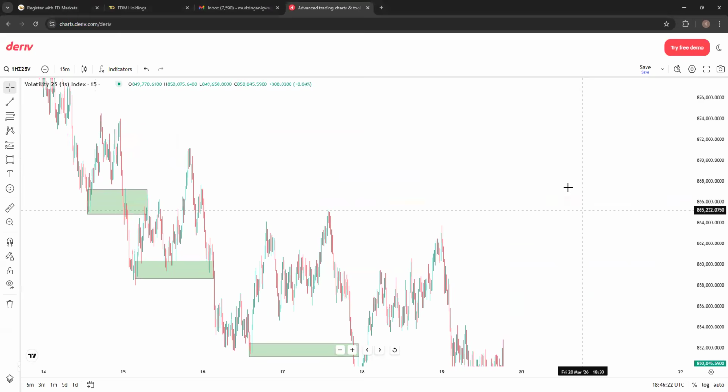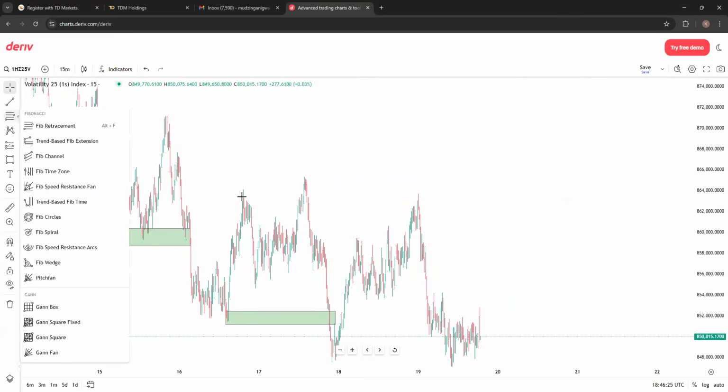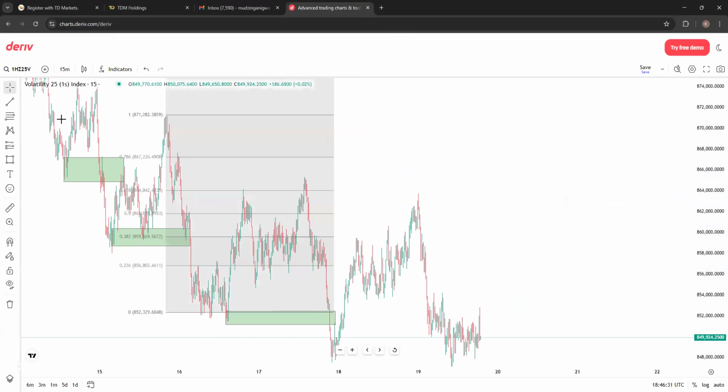Now, it doesn't mean that, if we use a fib, let's say here we have a high and a low here, we have to utilize an order block that's here at the top. What we say is all order blocks that lie within the 0.618 going upwards are valid order blocks.